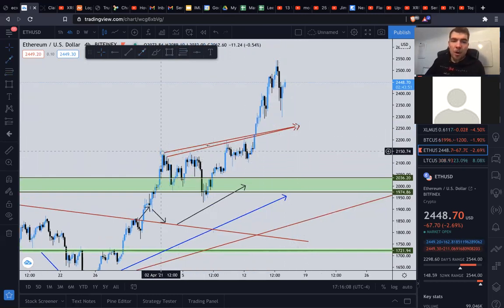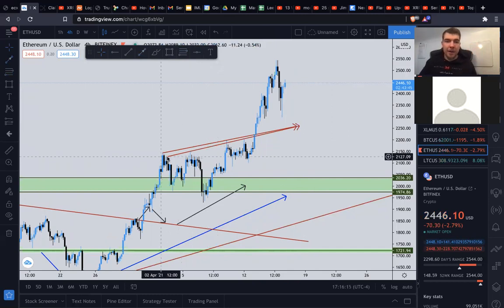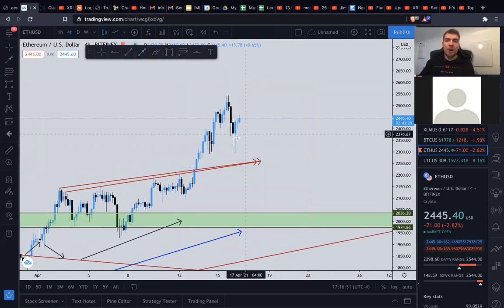So this one had 1, 2 touches, right? But it was like the higher kind of resistance. But this one had 1, 2, 3 touches here. Almost 4. But they cross together in this particular area anyways.